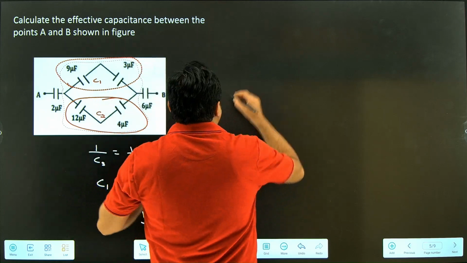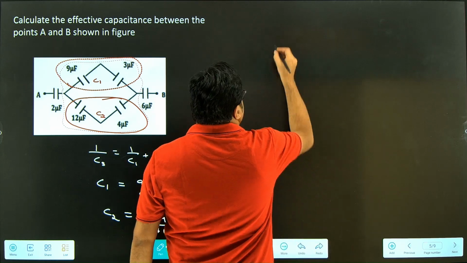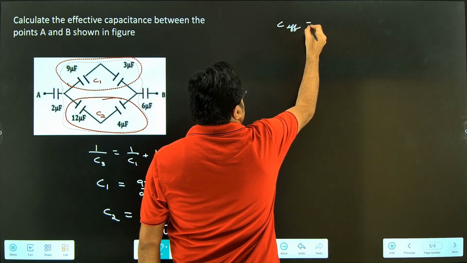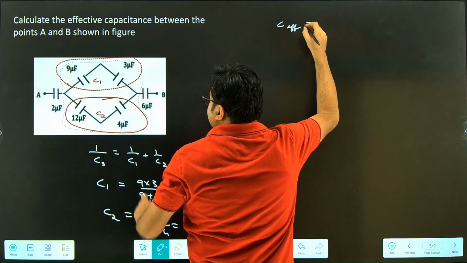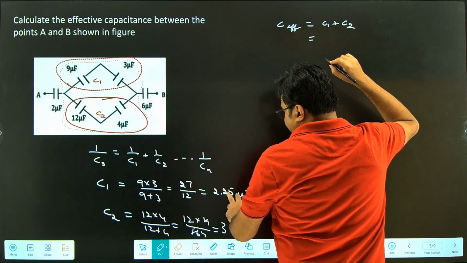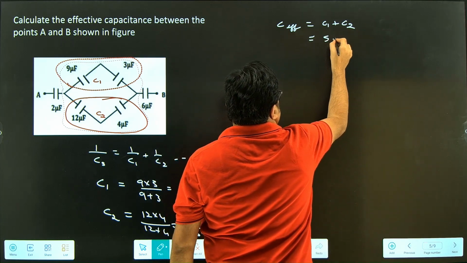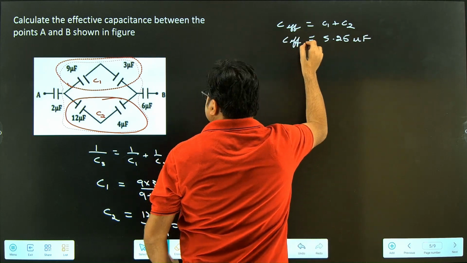So let me call that C effective. C effective of this particular branch would be equal to C1 plus C2. C1 plus C2 is 2.25 plus 3, which is 5.25 microfarad. That is the effective capacitance of this branch.